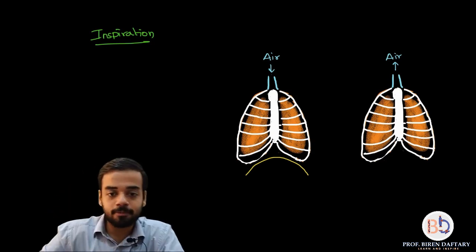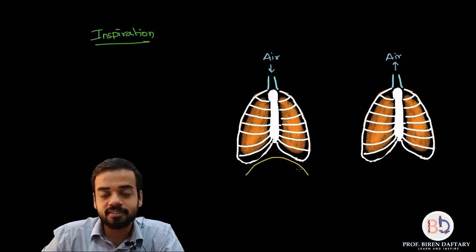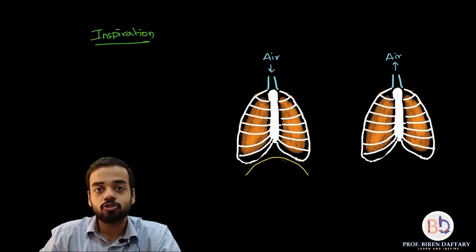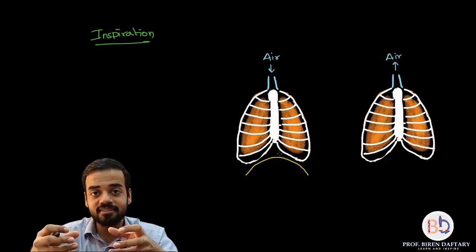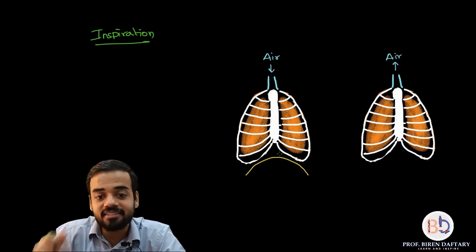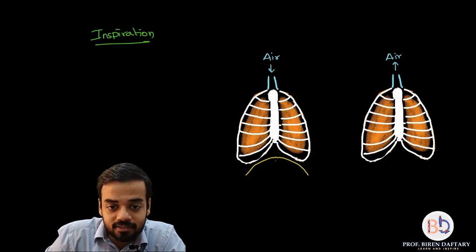So first thing that happens is, this diaphragm which is present, it undergoes contraction. So when the diaphragm contracts, its length decreases, and it becomes slightly straighter. So what happens is, this diaphragm goes slightly lower and it becomes flat.